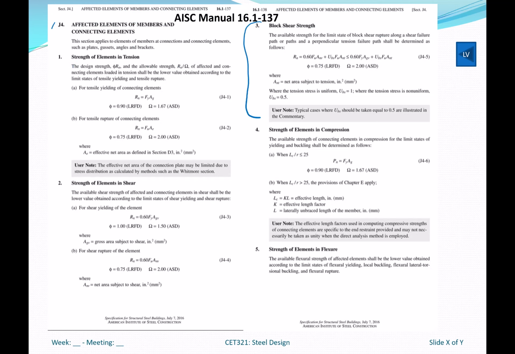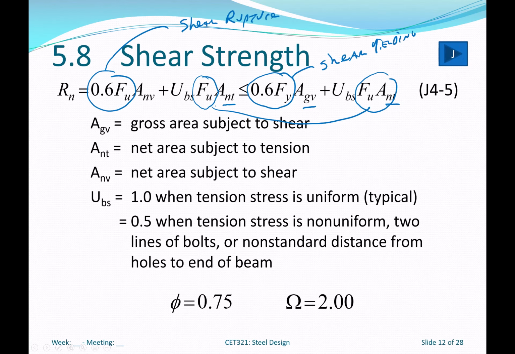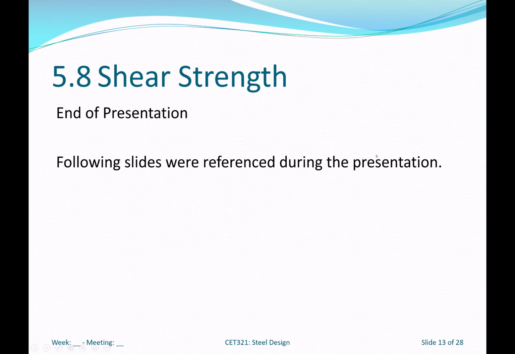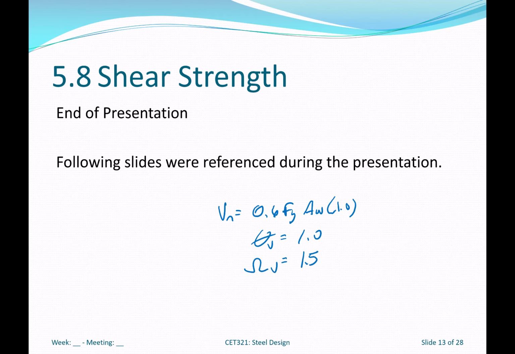Different chapter, chapter J. So again, often you have to refer to multiple sections in the steel manual. All right. So again, a whole lot of lecture to just say that we have Vn of 0.6 Fy Aw times C sub V1, which is 1.0, and our phi sub v is 1.0, and our omega sub v is 1.5.